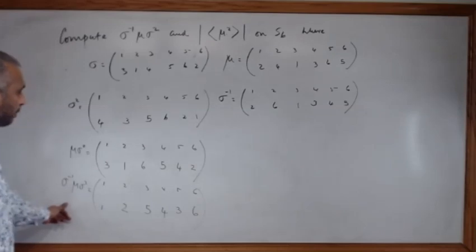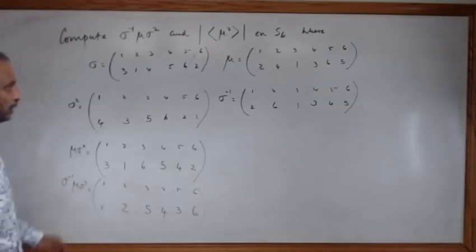So this is the permutation of sigma inverse mu sigma square.